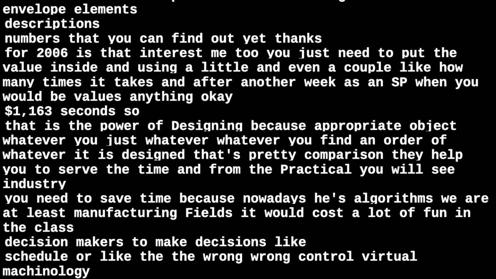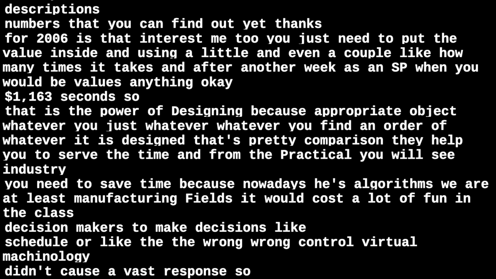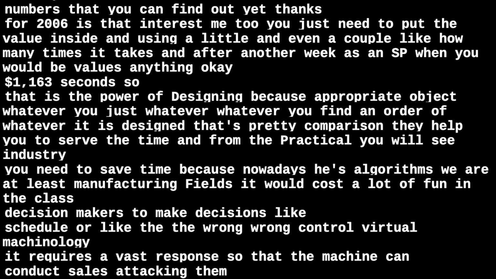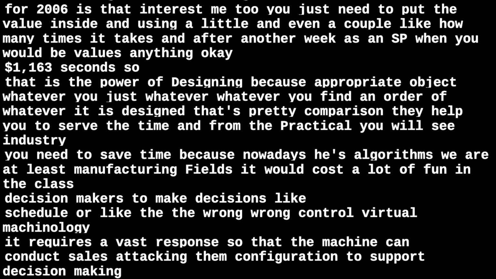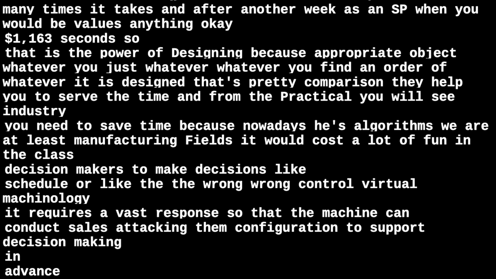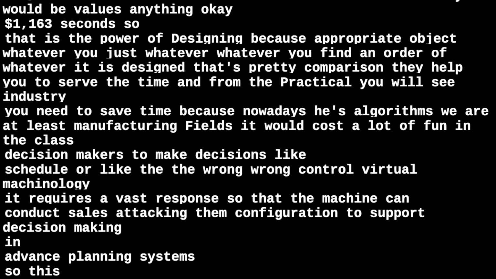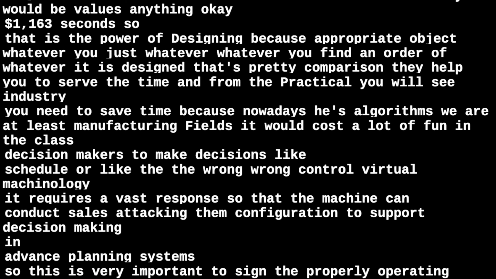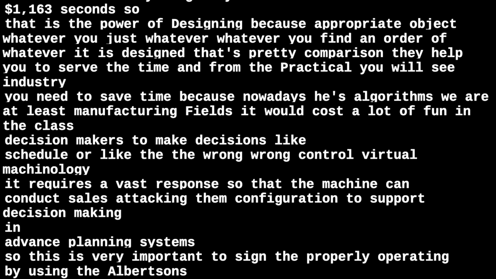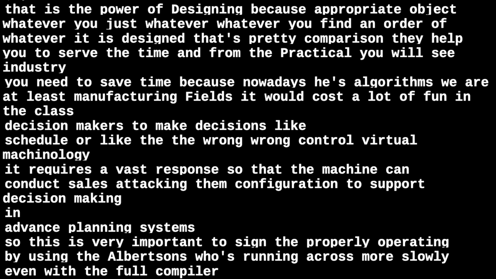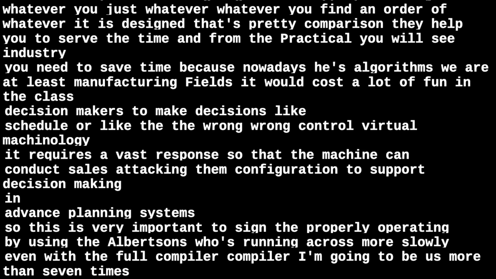It requires a fast response so that the machine can conduct self-adapting and self-configuration to support decision making in advanced planning systems. So it is very important to design appropriate algorithms in computing. By using an algorithm whose running time grows more slowly, even with a slower setup, computer B runs more than 7 times faster than computer A.